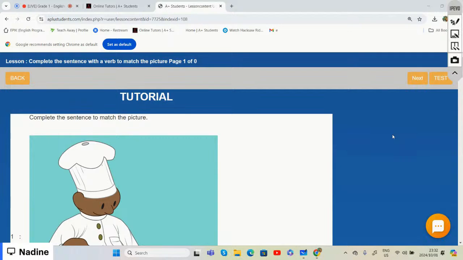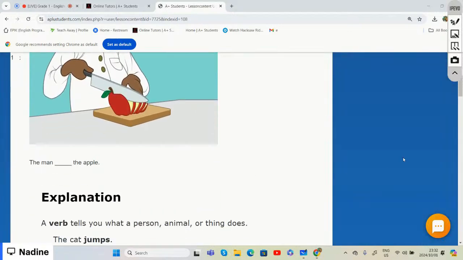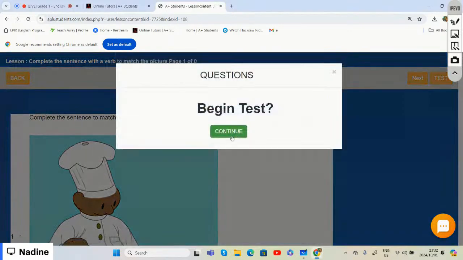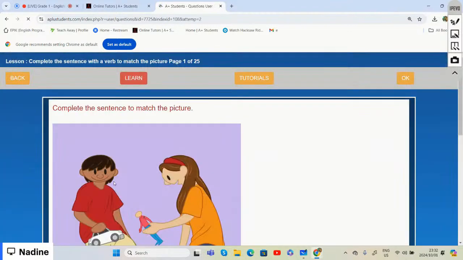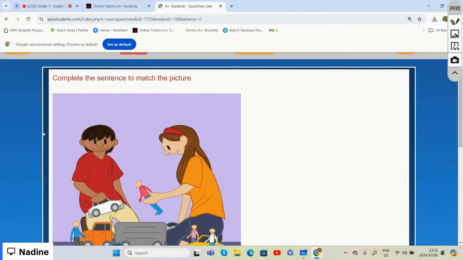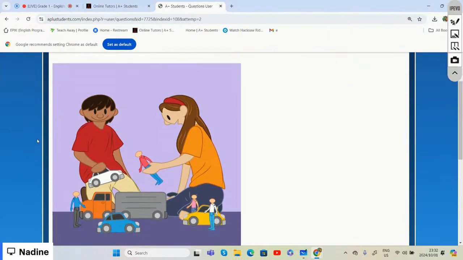So if we look at the picture, we first go into our test. It says we need to complete the sentence to match the picture. So we need to look at the picture first.